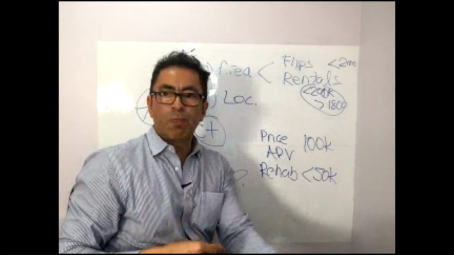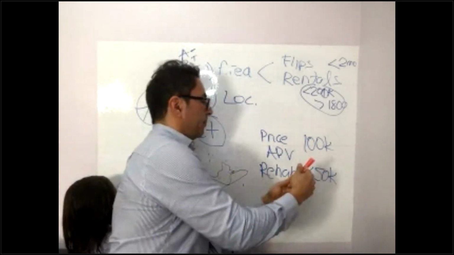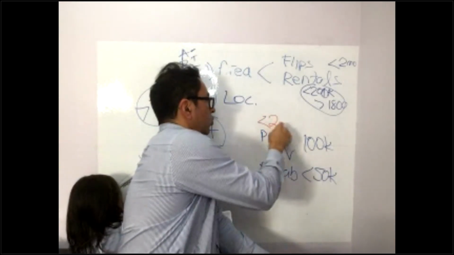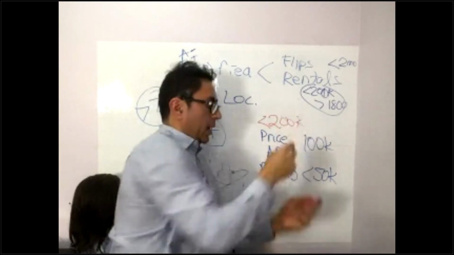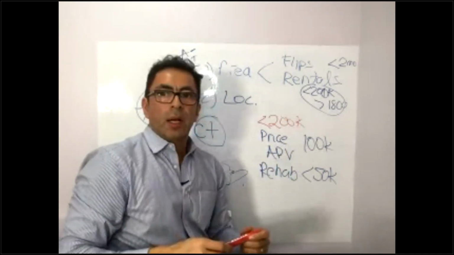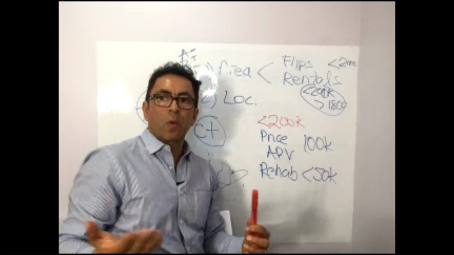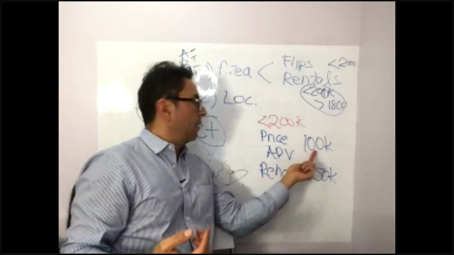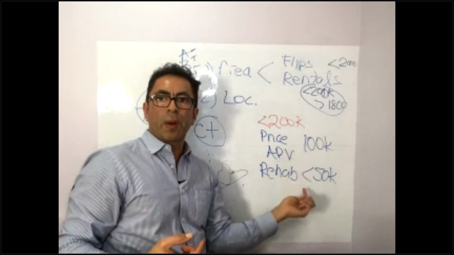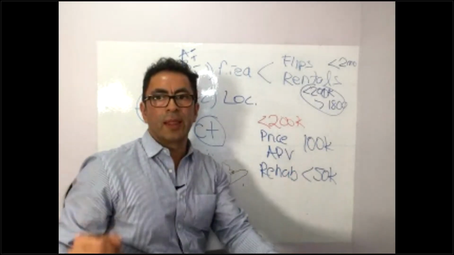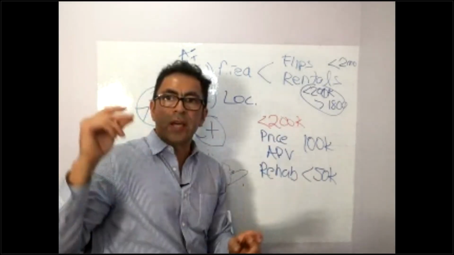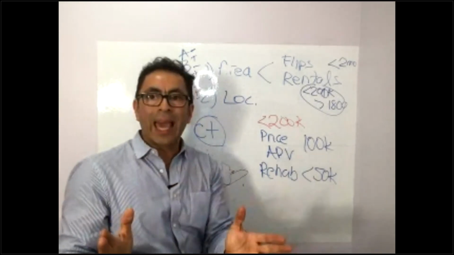And the sweet spot to buy should be less than 200,000, okay? Super important. Less than 200,000 purchase price, it will obviously appraise for over 200,000. You'll have at least $80,000 to $100,000 spread, and the rehab is less than 50,000. That pretty much summarizes how you can analyze deals in seconds.